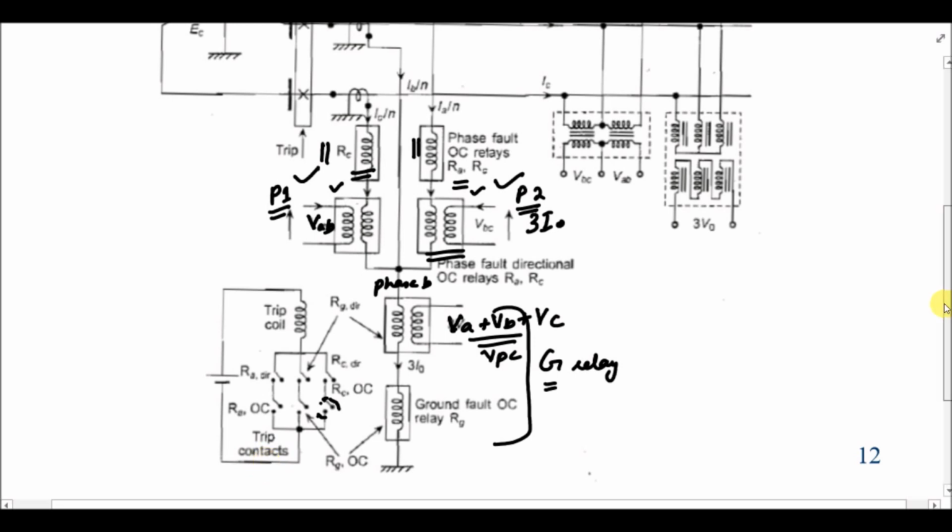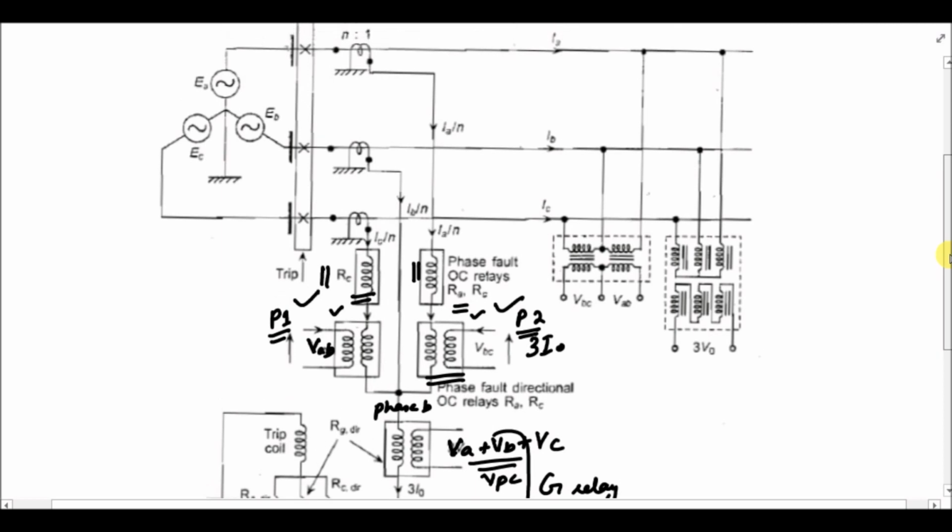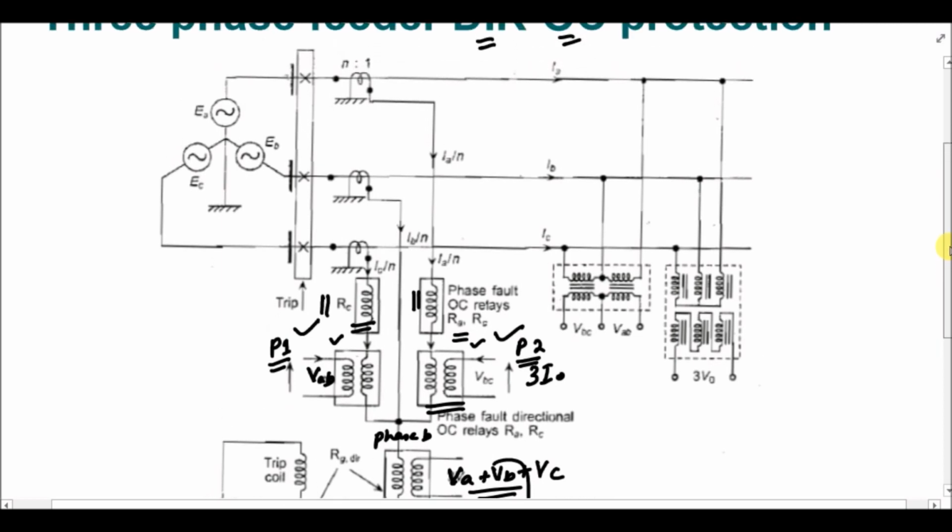So we know that we have to get the values of current and voltages from the three-phase feeder. So here are the potential transformers that we have used for the measurement of voltage VBC, which is the input to the phase A relay, and VAB, which is the input to the phase C relay. And for the VPC value for the ground relay, we have to use the summation of A, B and C voltages.